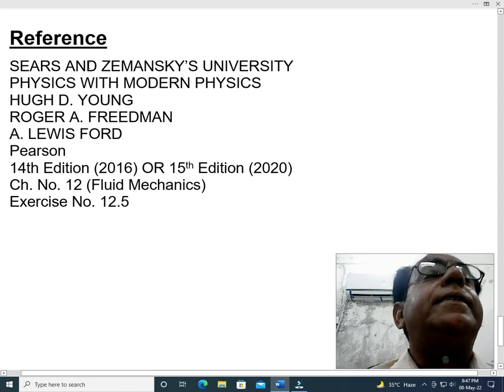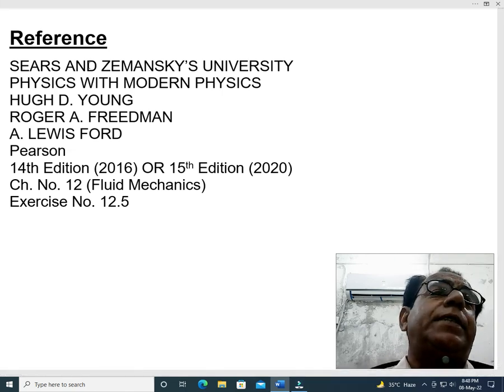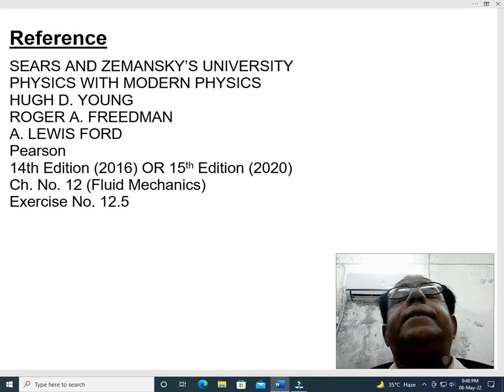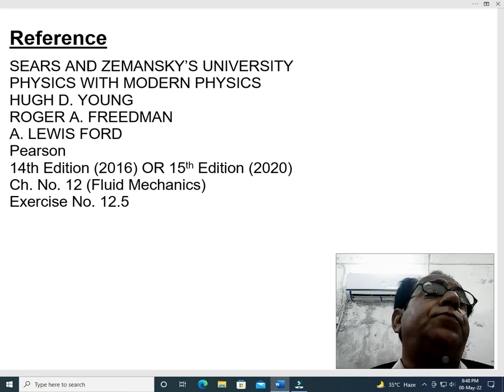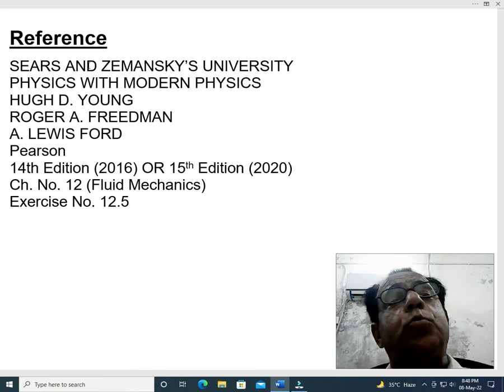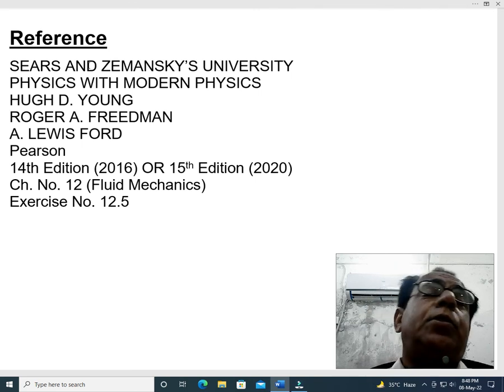Reference book is Sears and Zemansky's University Physics with Modern Physics. Its authors are Hugh D. Young, Roger A. Freedman, and A. Lewis Ford. Its publisher is Pearson, and the 14th edition published in 2016 or the 15th edition published in 2020 has been followed.